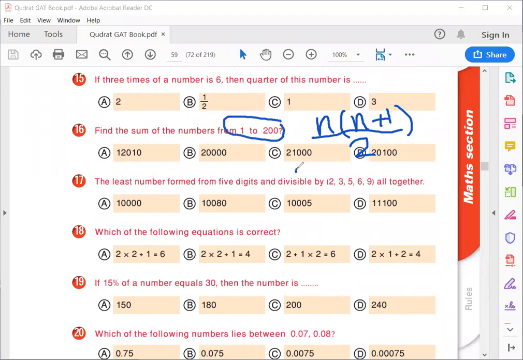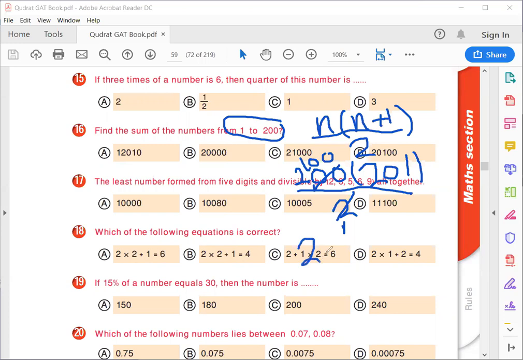Then you put 200, and n plus 1 is 201, divided by 2. You simplify it: here 100, then you multiply 100 times 201, it is 20,100.